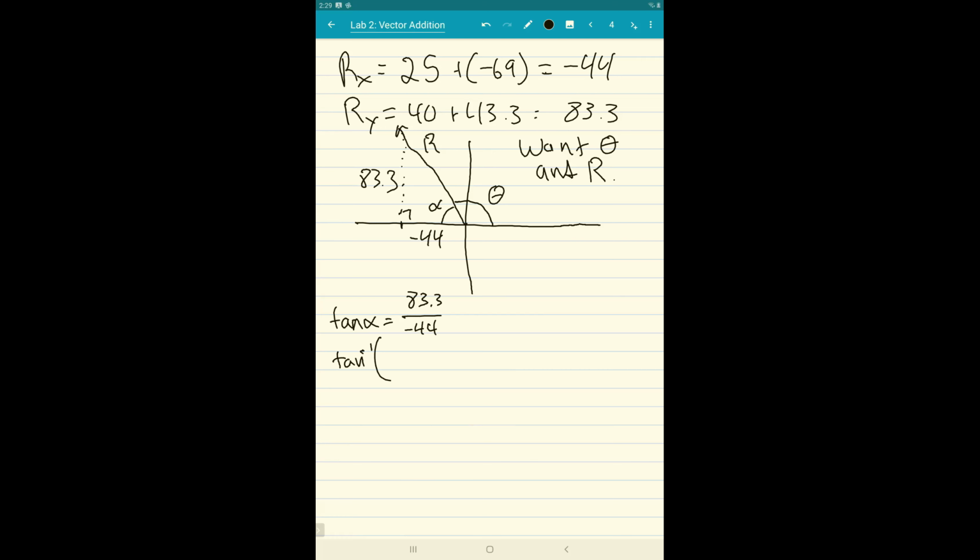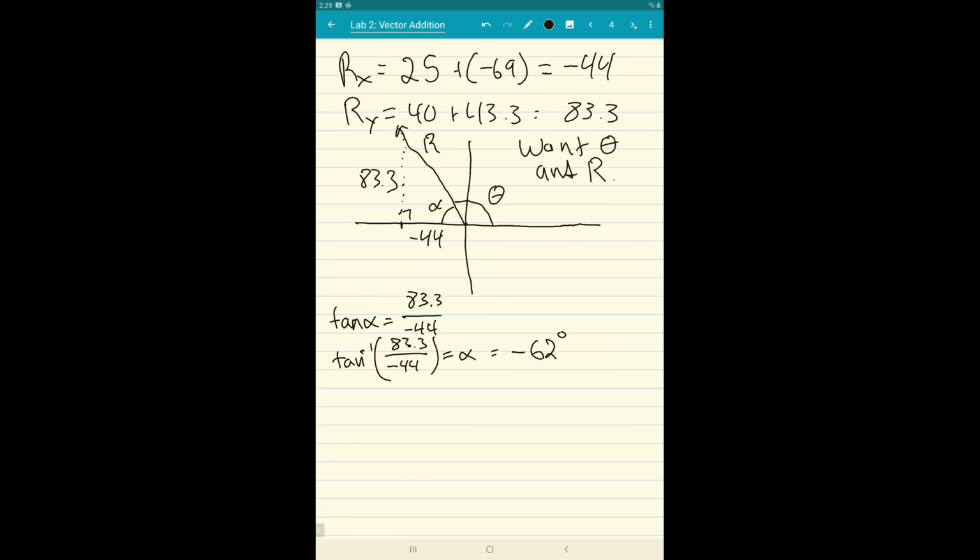Tangent inverse of 83.3 over negative 44 equals alpha. If I plug that into my calculator, I hit inverse tangent, and then inside I do 83.3 divided by negative 44. I'm going to get negative 62 degrees.